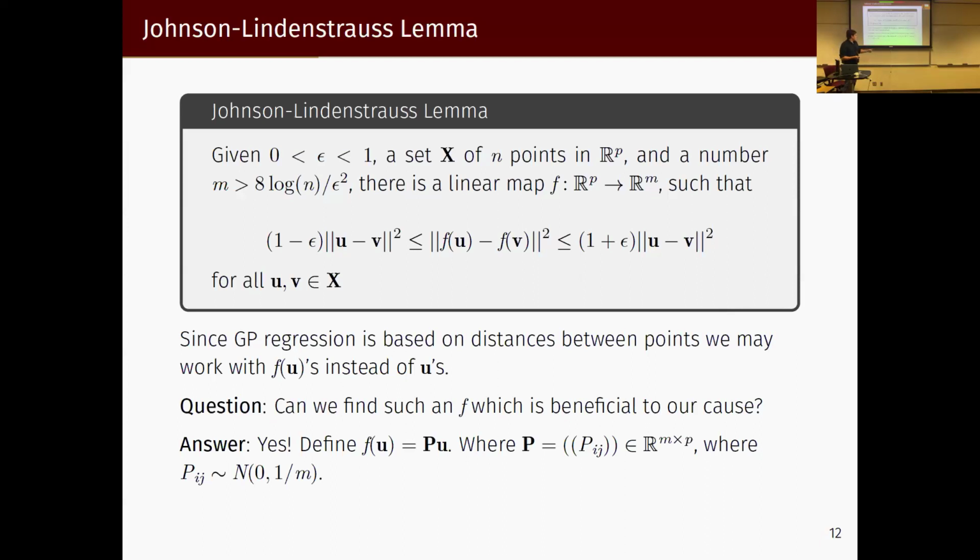And yes, we have a nice function. If we define f of u to be multiplication by a matrix P, where all of the elements of P are IID white noise, that satisfies the Johnson-Lindenstrauss lemma with high probability. So it's a random matrix, so the results occur randomly, right?